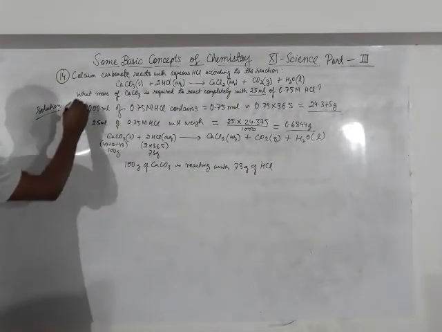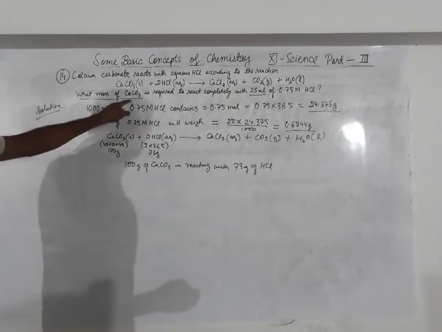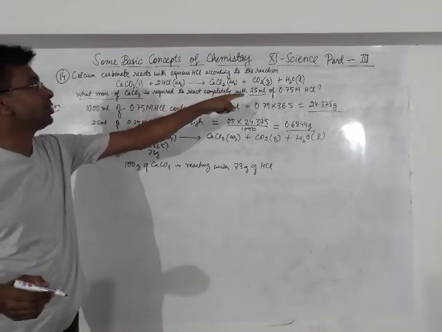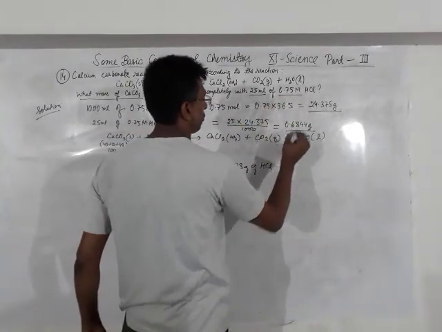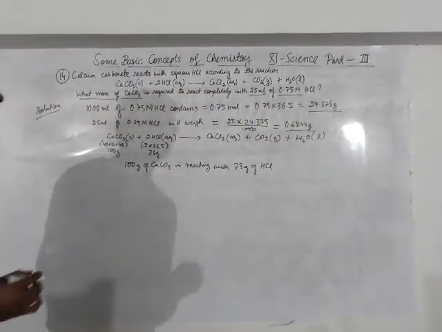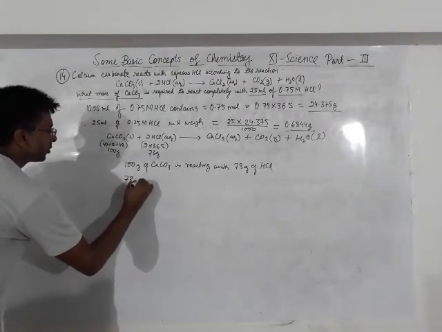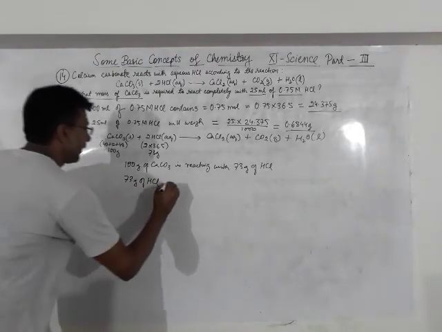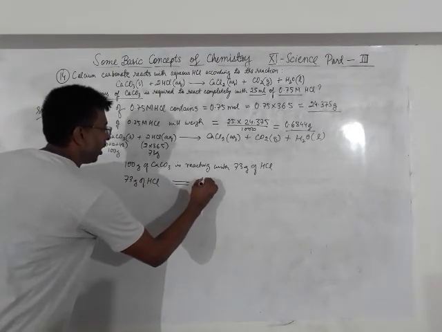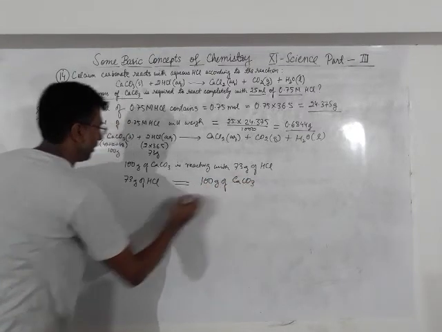But they are asking for the mass of calcium carbonate, so we have to find the mass of calcium carbonate which is reacting with 25 ml of this solution. The mass of HCl in this solution we have obtained as 0.6844 grams. So again we can write: 73 grams of HCl reacts with 100 grams of calcium carbonate.